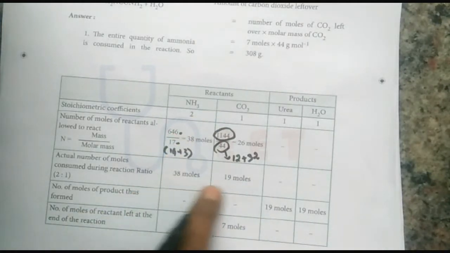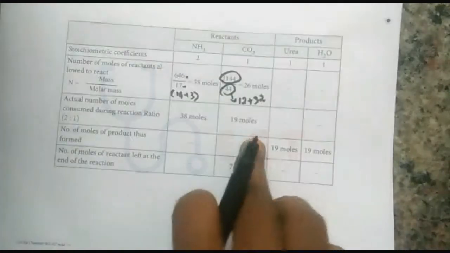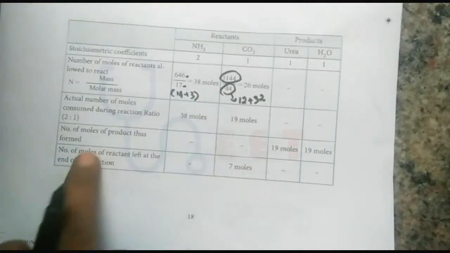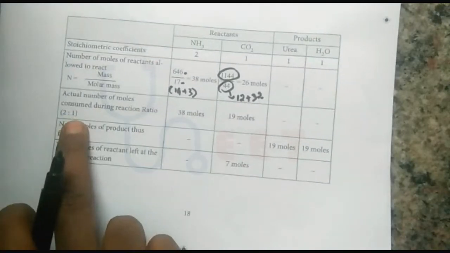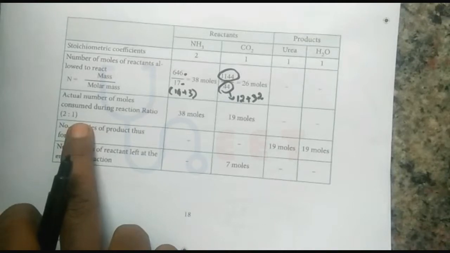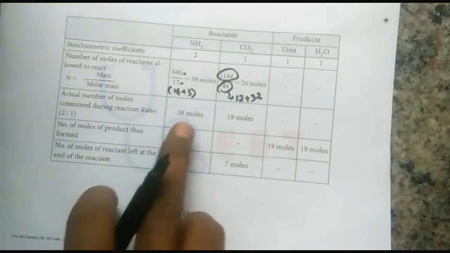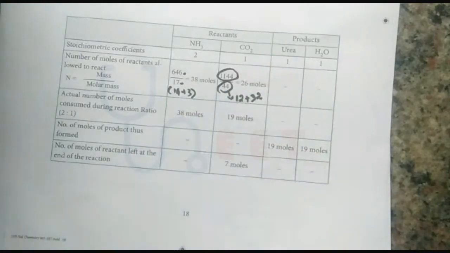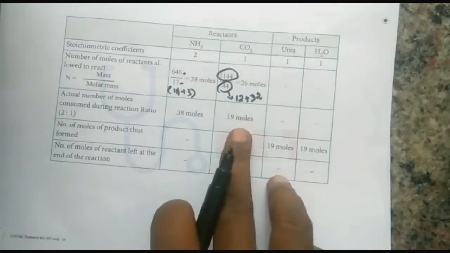That is how they calculated. It is the reaction ratio, 2:1, the ammonia and carbon dioxide ratio. So 38 moles of ammonia interact with 19 moles of carbon dioxide.